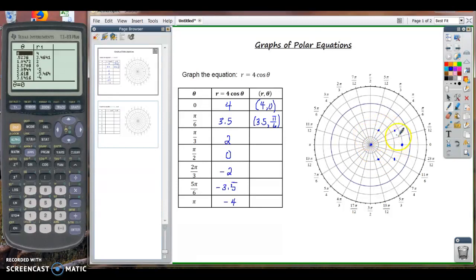It doesn't give you the exact shape. You're not just going to connect the points. If we were to graph this on our calculator, and do zoom 5 to give me a square graph, you'll see that it's actually graphing a circle.